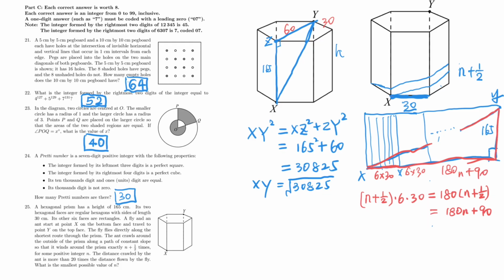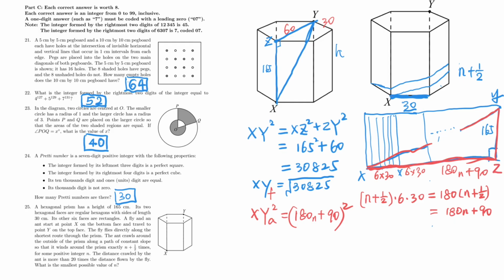We find the xy distance for the ant. So xy for the ant, squared, equals 180n plus 90 squared, that's the bottom from x.